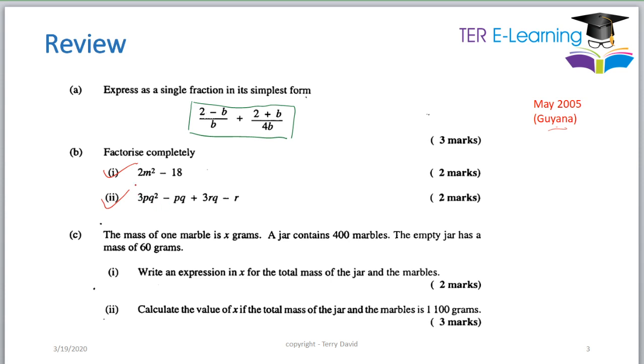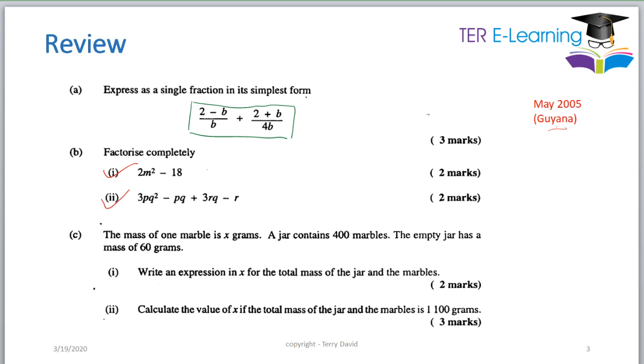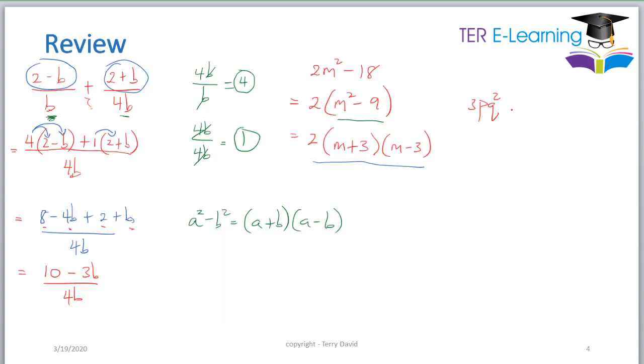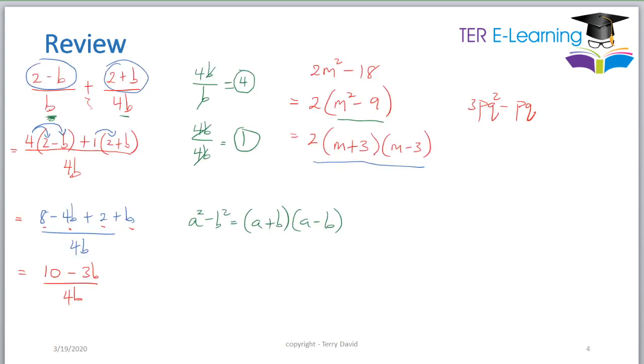So let me write this on the next page: 3pq squared minus pq plus 3rq minus r. Alright, so they want us to factorize this.